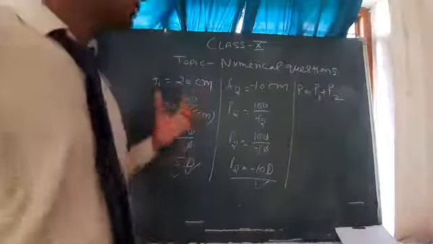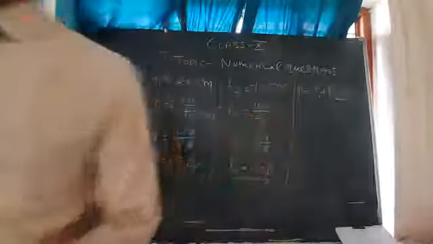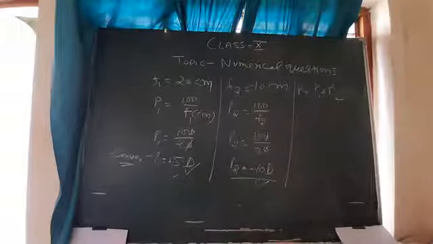So as you know, the total power is equal to the algebraic sum of the powers of the lenses which are used to form the combination. Okay, so what we have to do? We have to find the total power of the lens.